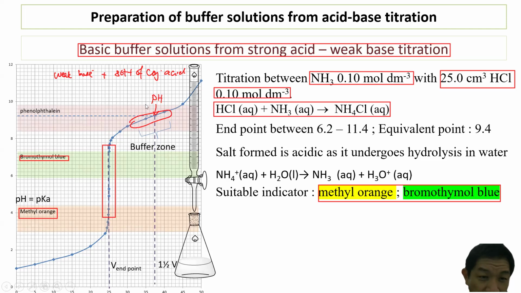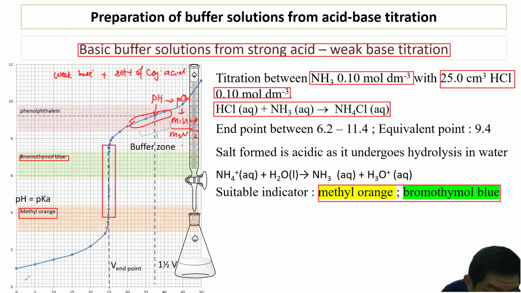However, we are not looking for pH, we are looking for pOH. Then make it resolve in M1V1 equals M2V2. Then we straight away form this buffer zone in here. With that, that is how buffer solutions can be obtained during the titration between weak acid and strong base, and strong acid and weak base.